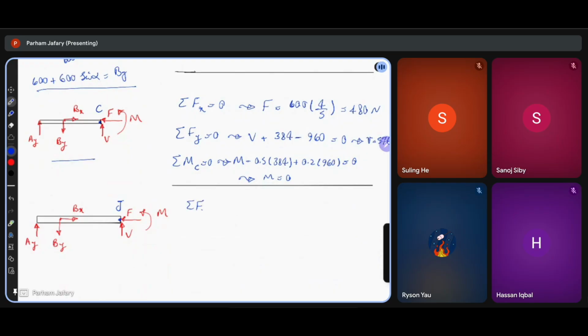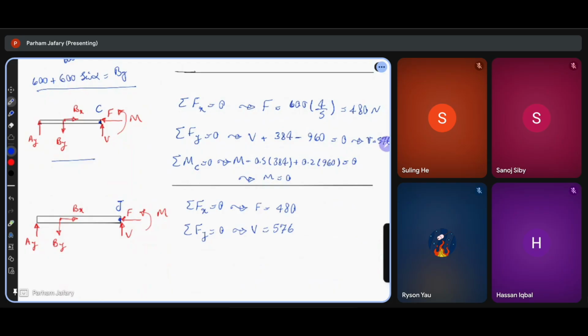So writing sigma Fx equal to 0 for point J will result in the exact same thing as above. F equal to 480. Sigma Fy will result in V equal to 576, right? Because we don't have any external forces acting between these two points.